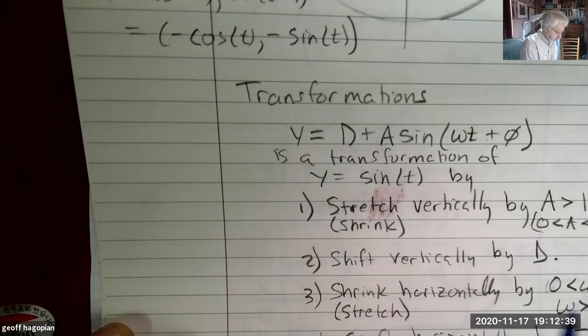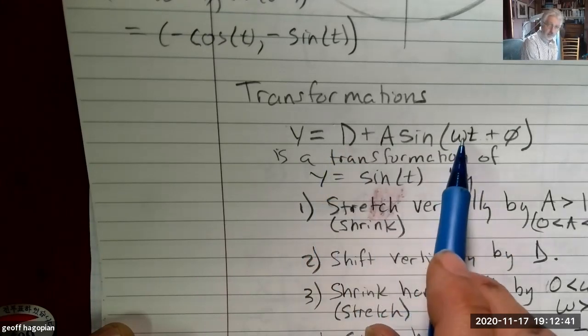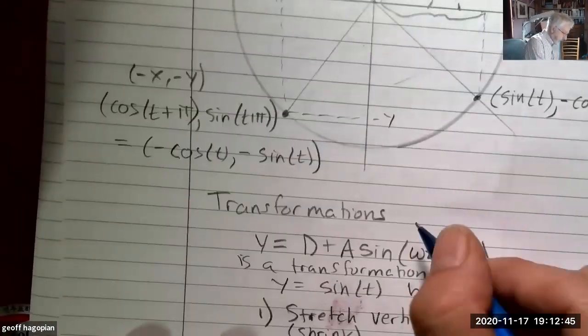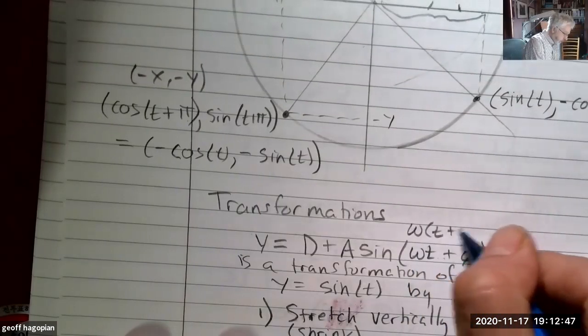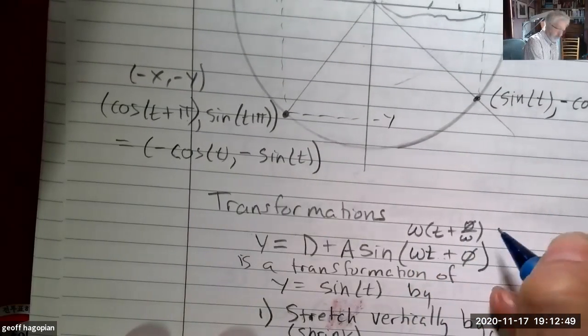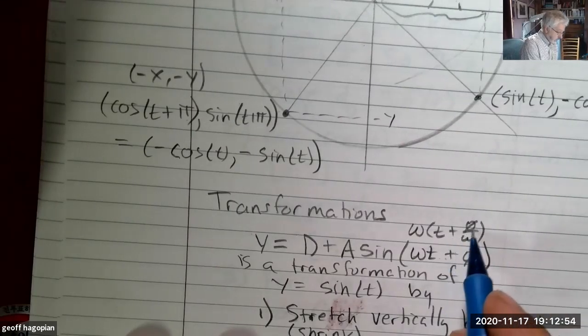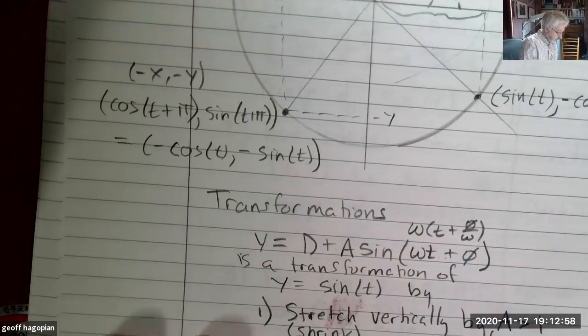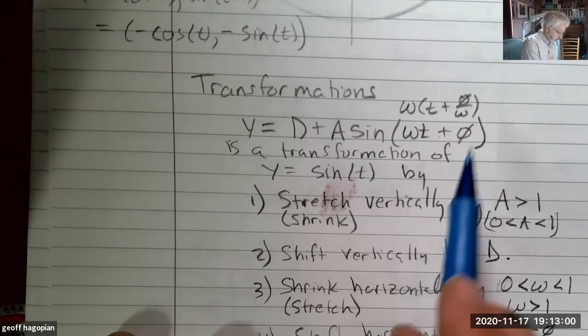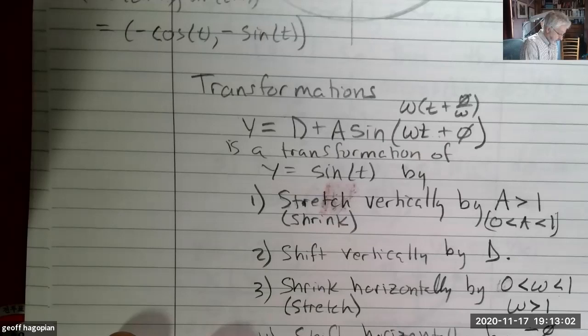And then we've got what, omega t plus phi, which you can think of as omega times t plus phi over omega, right? And so the shift is phi over omega to the left, right? Unless that's negative, in which case it's to the right.